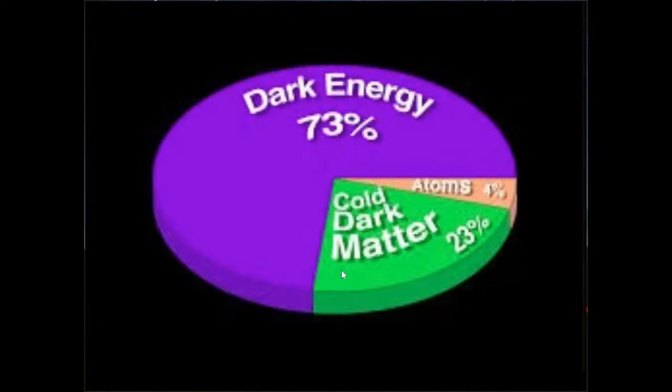On the other hand, cold dark matter has attractive gravitation. So although both have been prefixed with the word dark, dark energy and dark matter are distinct: dark energy causes only repulsive gravity, while dark matter has attractive gravity.